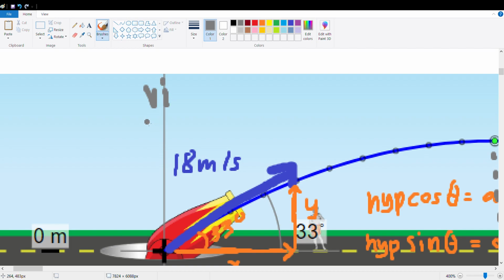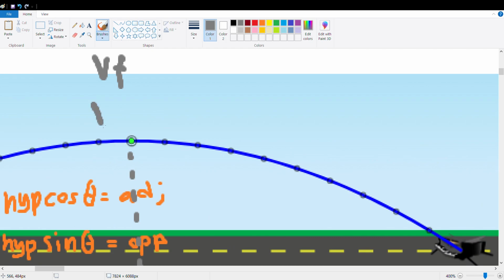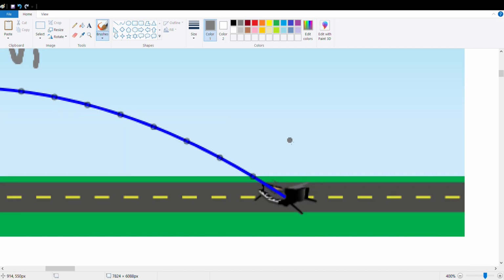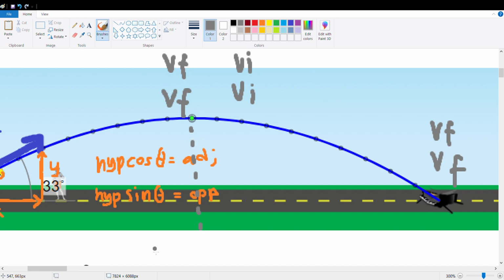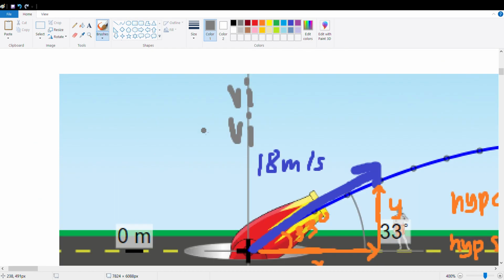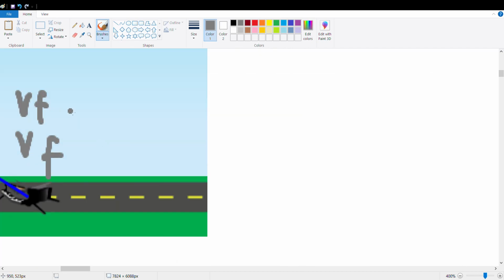Vi, Vi, Vf, Vf, Vi, Vi, Vf, Vf. What I'm essentially doing is that these are going to be our x and y's.